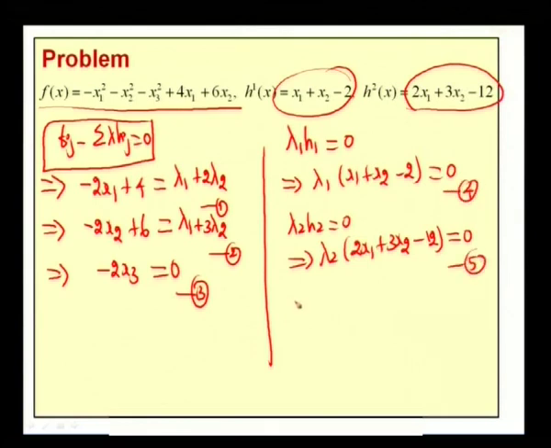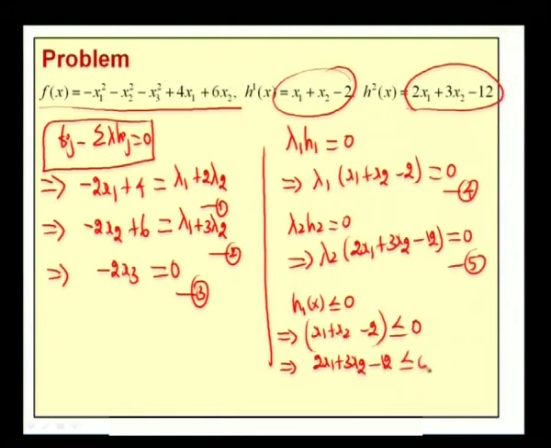The third Kuhn-Tucker condition is h_i of x less than or equal to 0. So, h1 of x less than or equal to 0 gives us x1 plus x2 minus 2 less than or equal to 0, and h2 of x less than or equal to 0 gives us 2x1 plus 3x2 minus 12 less than or equal to 0. We name it equation 6 and this is 7.